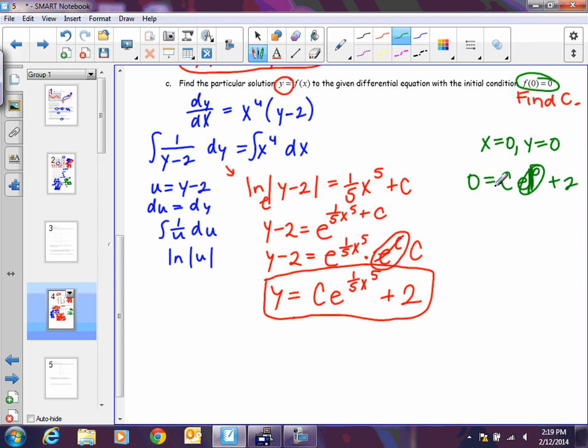So 0 equals c plus 2. That means c is going to equal -2. So my final answer is -2 e to the power of 1/5 x to the 5th plus 2. And I can't use log properties in this right here. This isn't a log, this is an e.